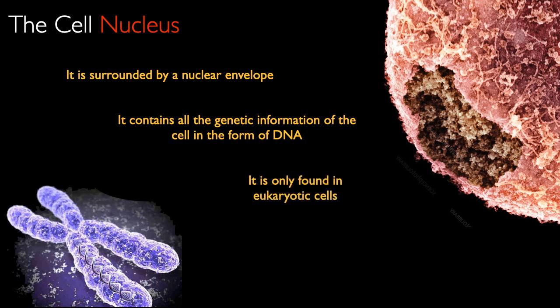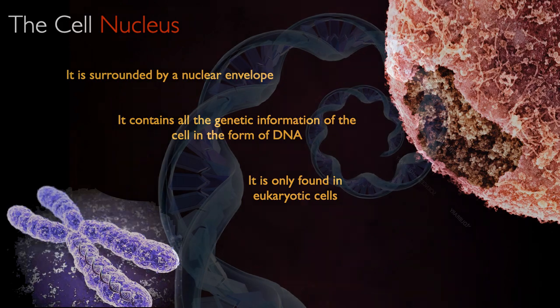The molecule that codifies the genetic information is the DNA, which stands for deoxyribonucleic acid. You also know from the first lecture that eukaryotic cells are the only ones to have a nucleus.